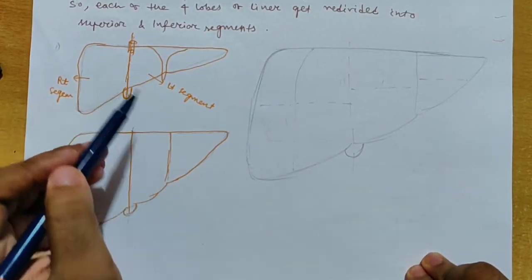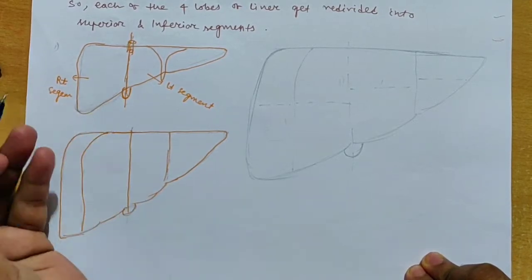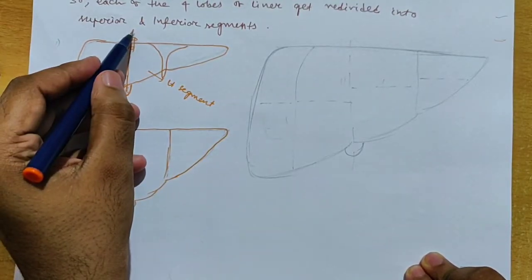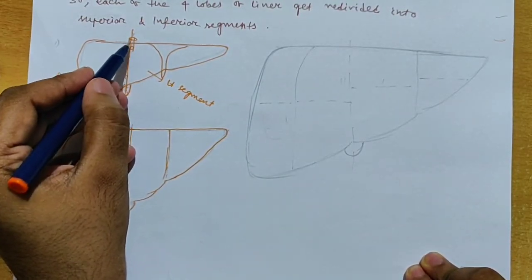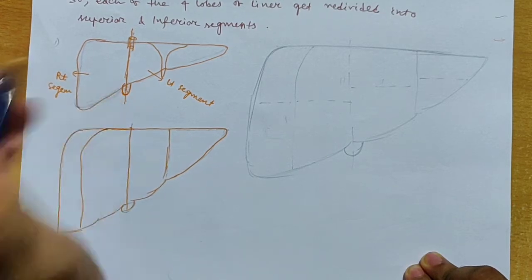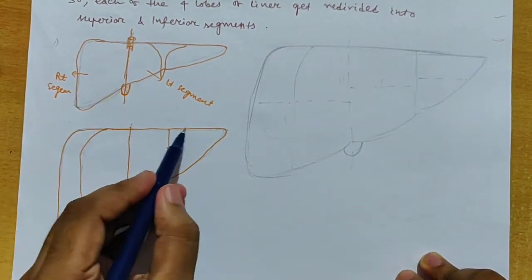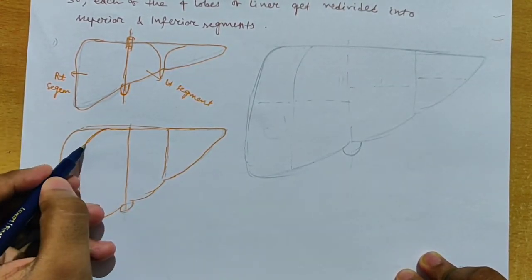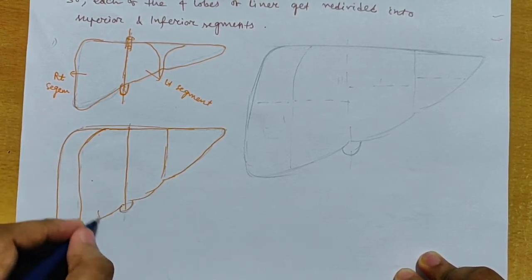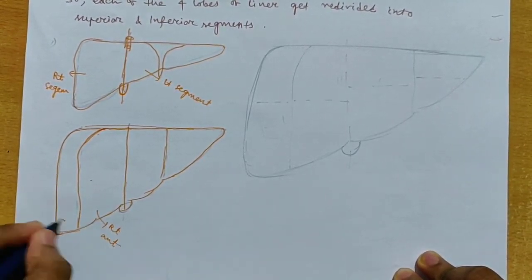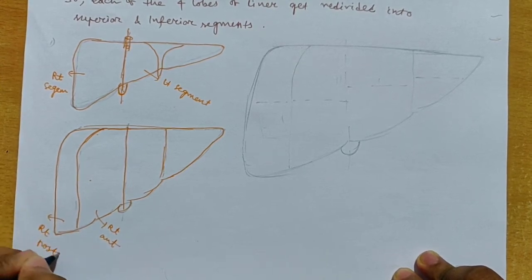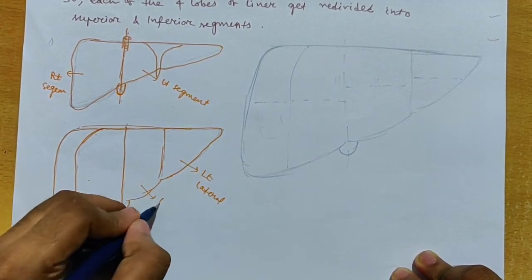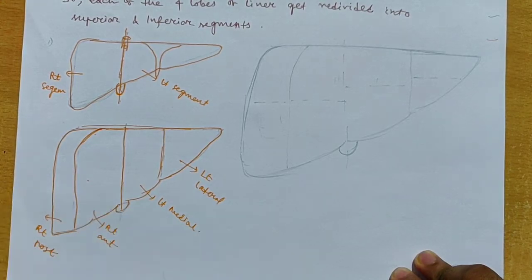Here we will see diagrammatically how the liver gets divided and redivided into various segments. Here the liver is divided into 2 segments, the right segment and the left segment, by the line joining the groove for inferior vena cava and the groove for gallbladder. And again after that the liver is divided into 4 segments: the right lobe is divided into right anterior and right posterior, and here it is left lateral and left medial.